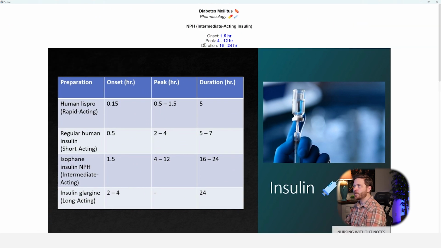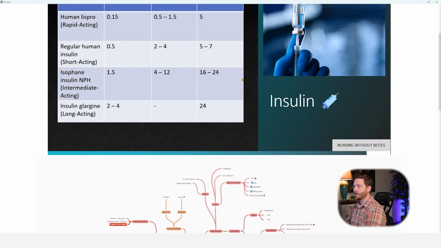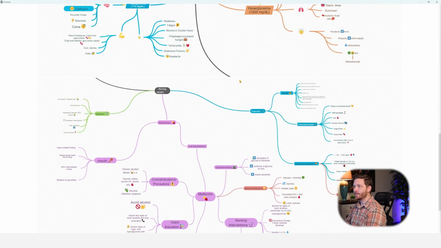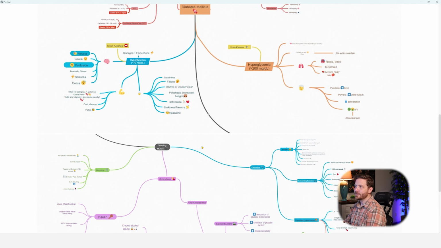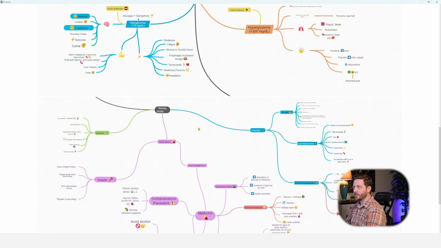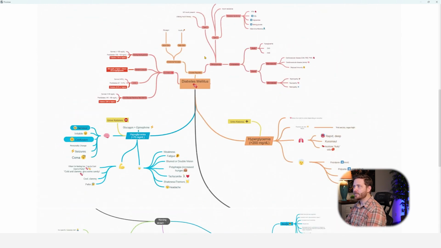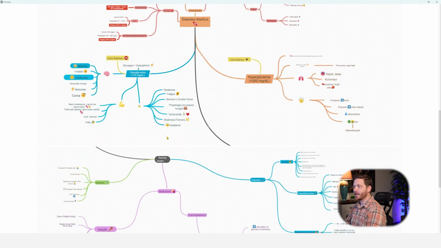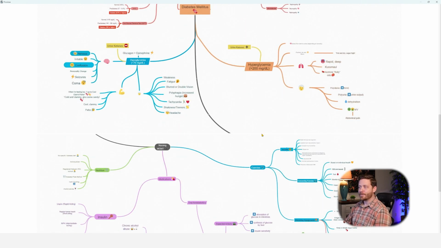So this would be the front part, and then on the back we would reveal our answers here, and then we could scroll down and see our mind map. And obviously this is a little bit off, but I think this gives you a general idea of where it connects. So if you're the one making the mind map, you would know that nursing management connects right here to diabetes mellitus.